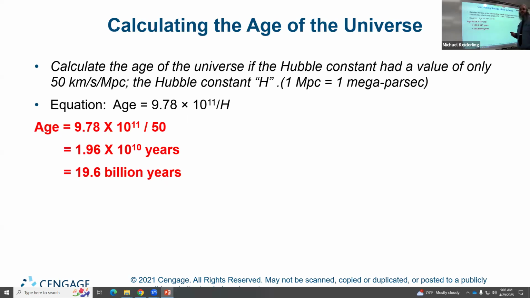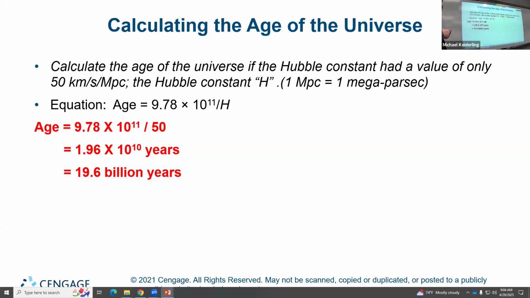Additionally, one of the things you can do is calculate the age of the universe based on the Hubble constant. So if the Hubble constant was only 50 kilometers per second per megaparsec, the equation for the age of the universe would be 9.78 times 10 to the 11 divided by the Hubble constant. And this is just a unit conversion. It's a big fancy unit conversion.